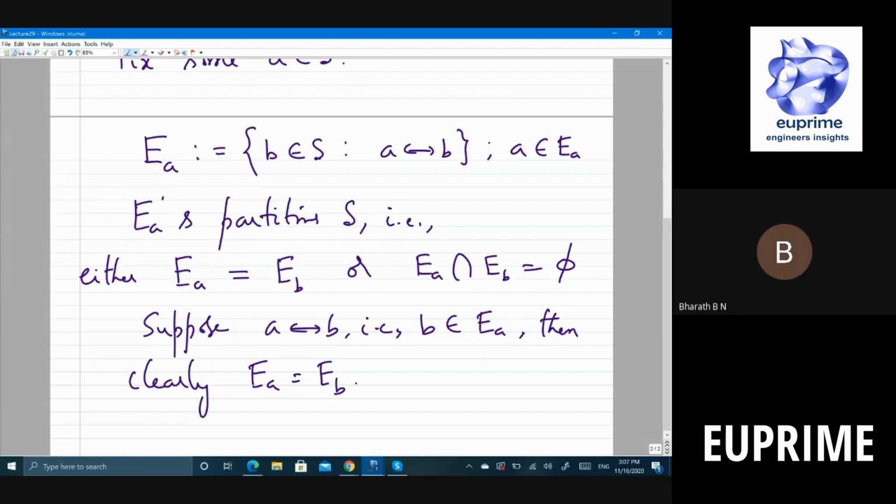That means C can also communicate with all those states that A can communicate with, that is, all those states in EA. Therefore, by definition, if you construct a set EC, EC will be equal to EA.